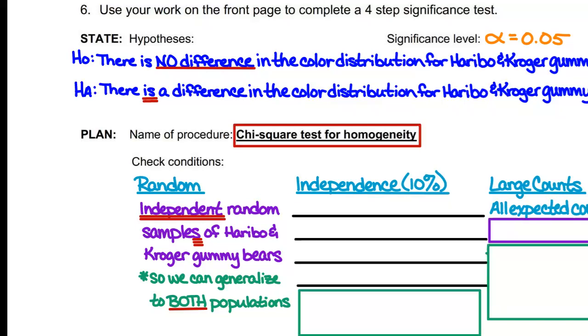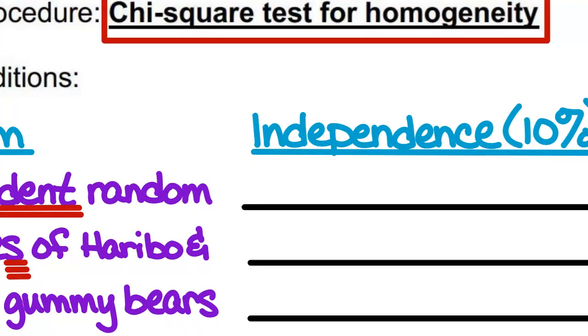Independence. How many total gummy bears did we have? 560. Should we do it as 560 is less than or equal to? How many samples did we pull? We pulled 2 different samples. So what should we check here for our 10% condition? Yep, 333.